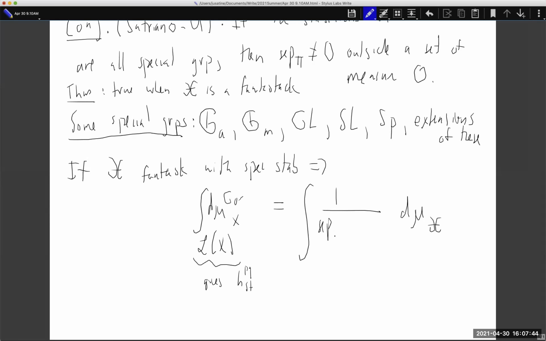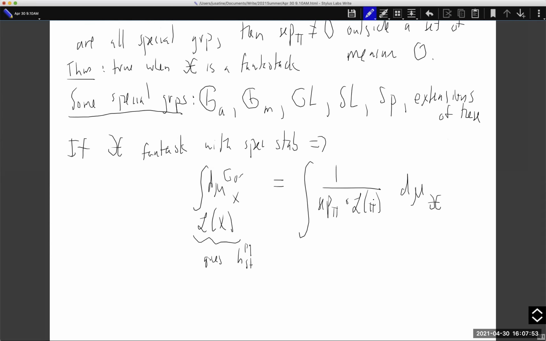It's exactly just take 1 over this sep pi function and compose it with L of pi, the map induced by pi on the arc spaces. And the point here is that this right-hand side depends only on the stack.